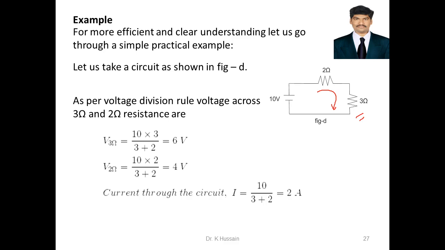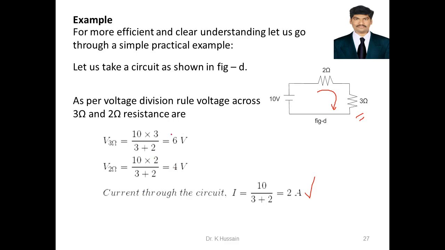Directly I mentioned here, the current you can find out. I equals the current through the circuit; because of the series circuit, the same current flows here. 10 volts is supplied by the source across 2 plus 3, so we got 10 by 5, which is 2 amps. 2 into 2 is 4, 3 into 2 is 6.